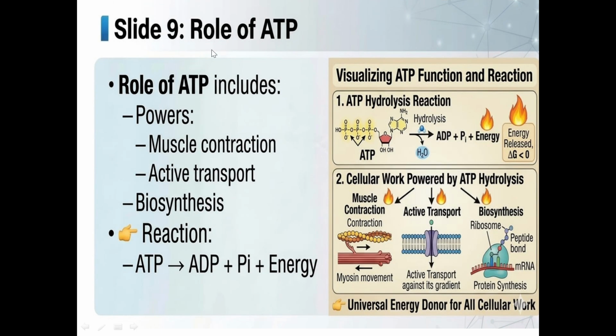So what is the role of ATP? The role of ATP includes powering muscle contraction, helping in active transport of the cell, and working in biosynthesis reactions, such as ATP being converted into ADP plus phosphate, and energy is released.